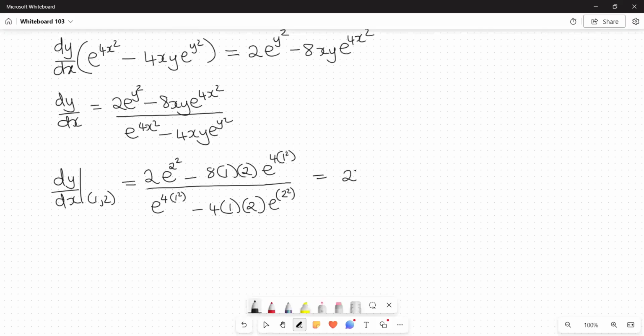Remember, whenever we're differentiating, finding dy/dx tells us the slope of the function, the gradient of the function at a point, and we know that the gradient of the curve at that point is also equal to the gradient of the tangent to the curve at that point.